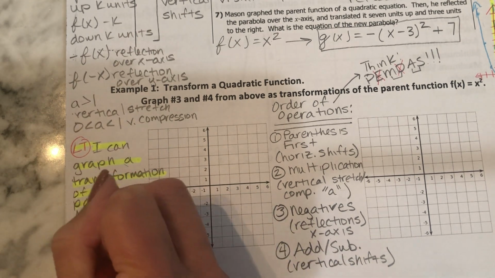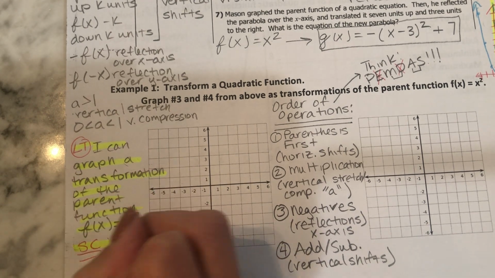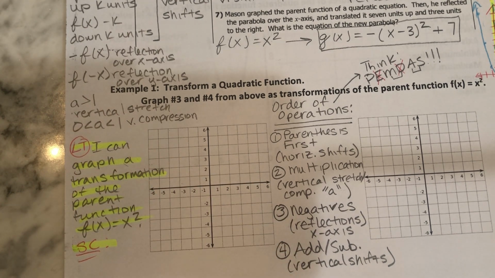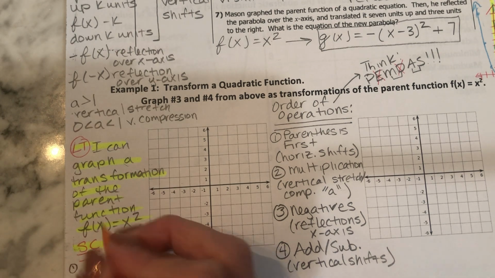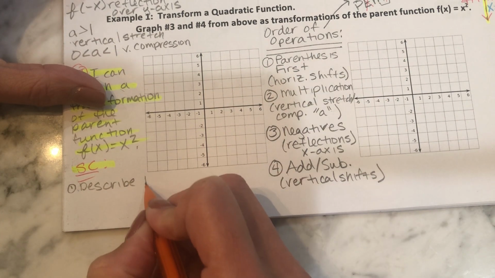All right, let's write down the steps before we do this. The first thing you want to do is to describe the transformations. So step 1, describe the transformations.